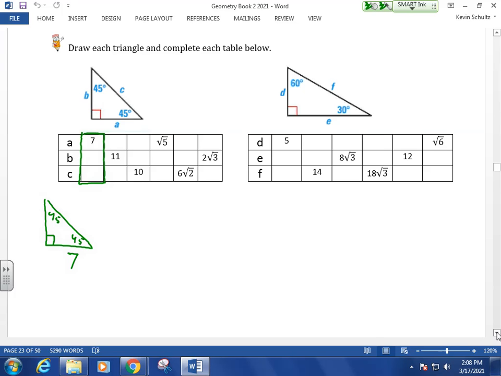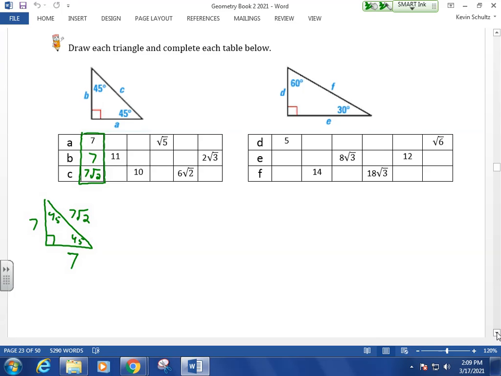And you're to fill in the other two values for this column for B and for C. And so with a leg length of 7, this triangle would have a B length of also 7, and a C length of 7 root 2. Okay?